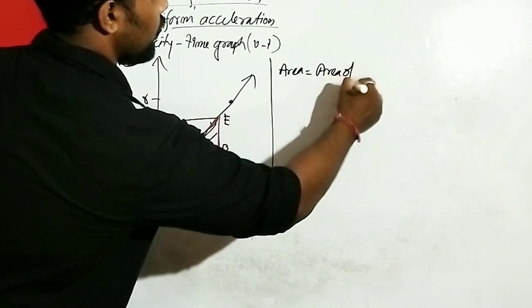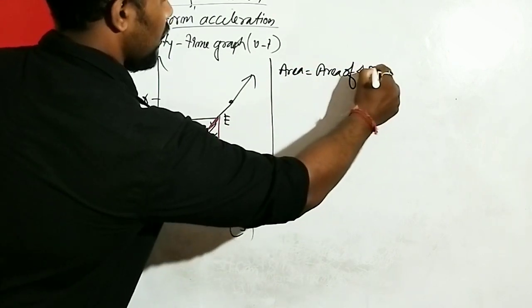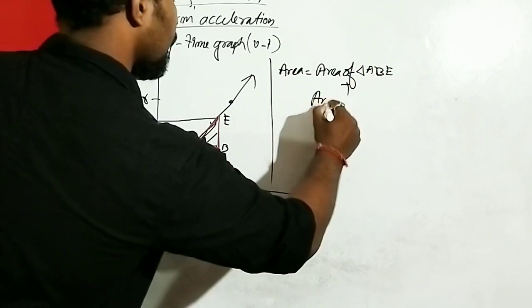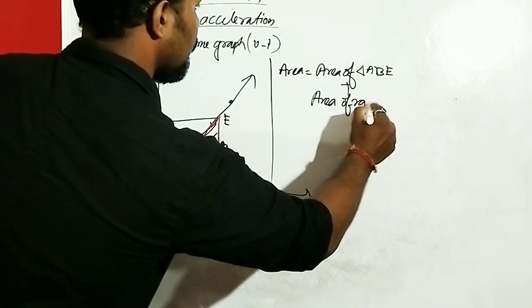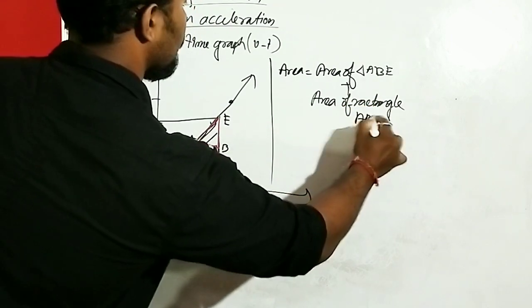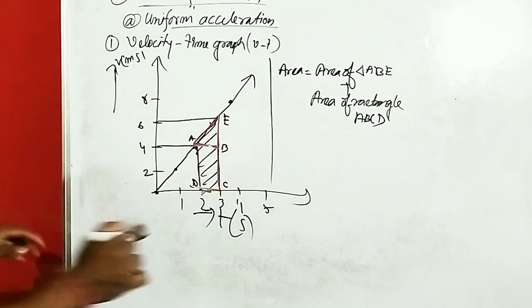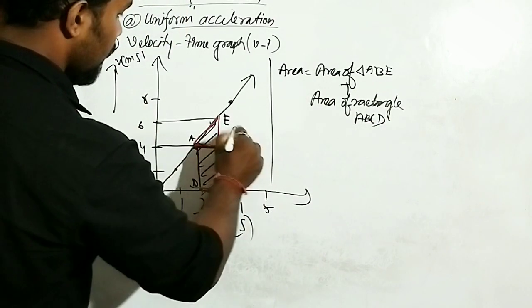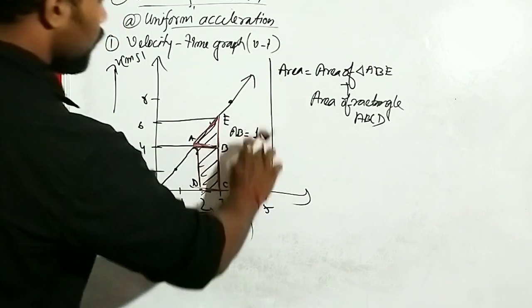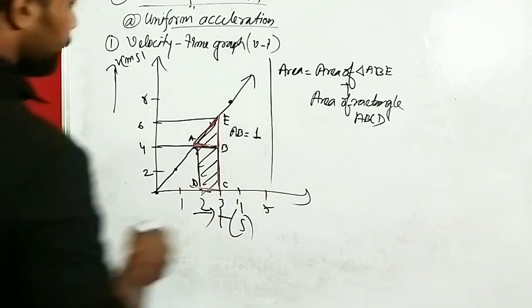Area of triangle ABE plus area of rectangle ABCD, right? Clear? This AB is going to have a value of 1 second, or 1 magnitude. Only consider the magnitude 1, right?